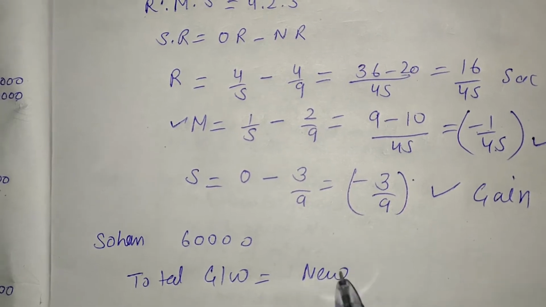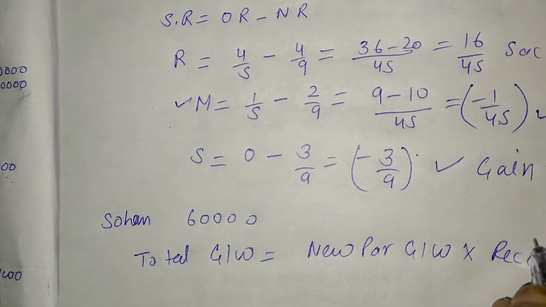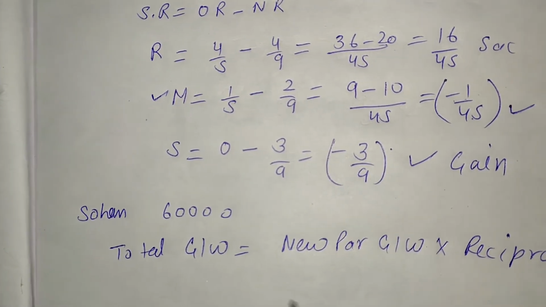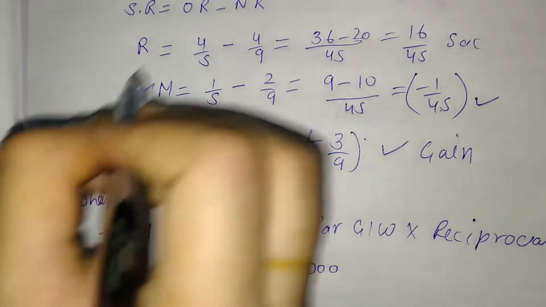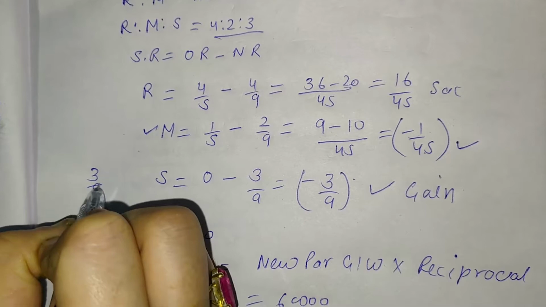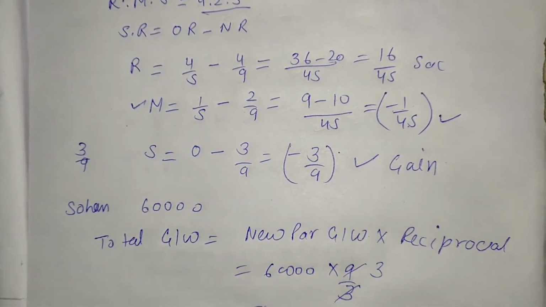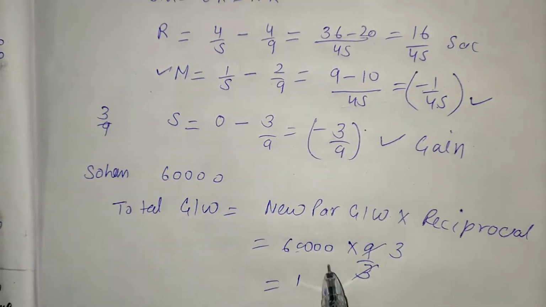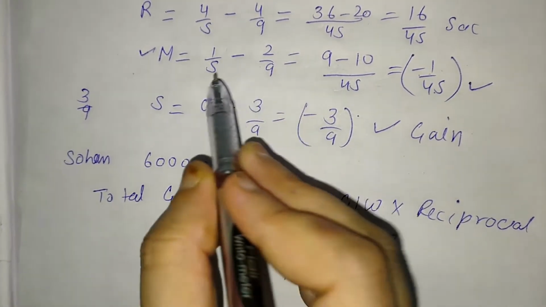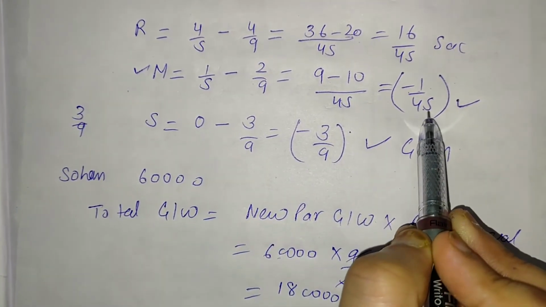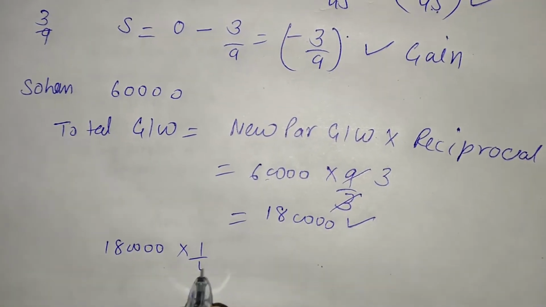New partner's goodwill multiplied by the reciprocal of his share. The new partner's goodwill is 60,000 and Sohan's share is 3/9, so the reciprocal is 9/3. After solving this, we find 60,000 multiplied by 3, that is 1,80,000. So that is the total goodwill. And Mohan is in gain by 1/45. So 1,80,000 multiplied by 1/45.